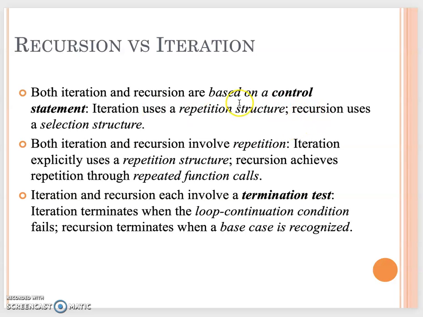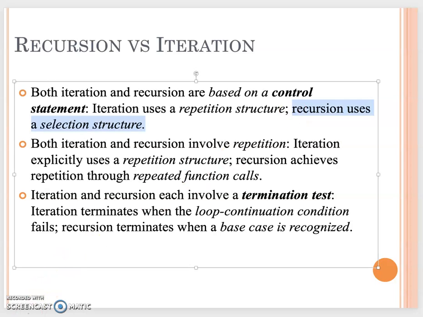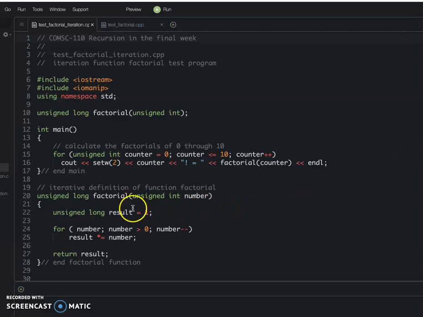Recursion uses a selection structure, because we either see that the problem is a base case or we should call my function again. When we say iteration uses a repetition structure, that's the for loop we have in factorial. You see we use a for loop to control when to stop and return the value.